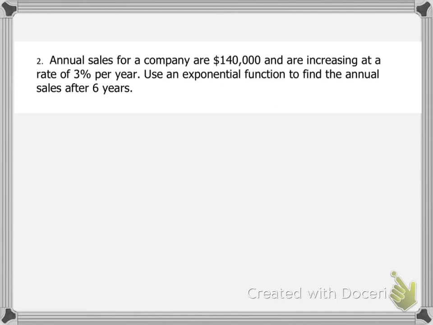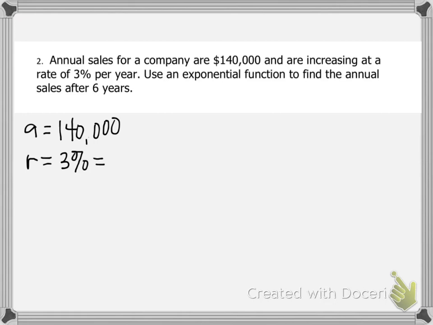All right, let's do another one here. Annual sales for a company are $140,000. So that $140,000 is your initial. Okay, and are increasing at a rate of 3%. So 3% is our growth rate.